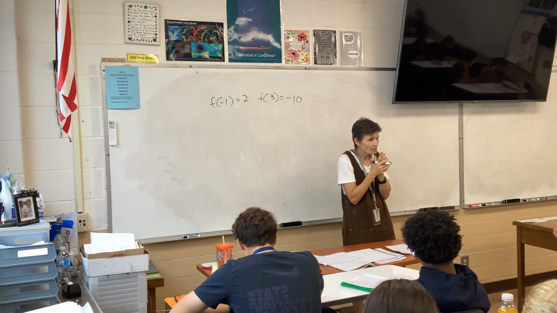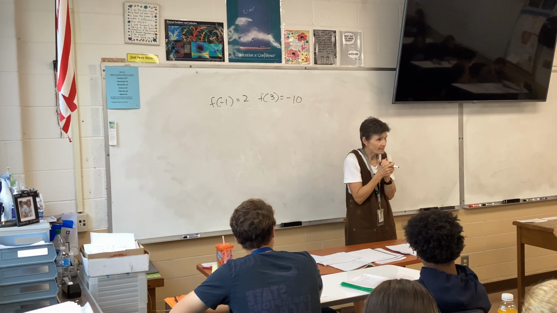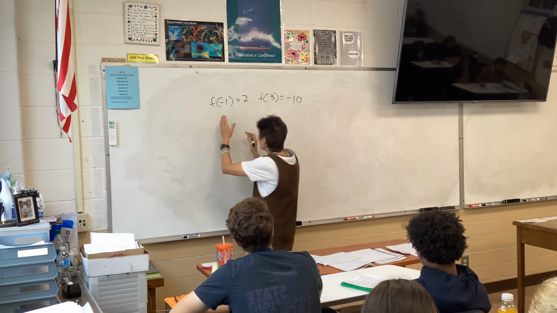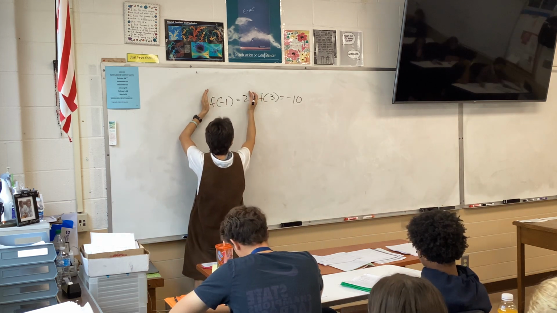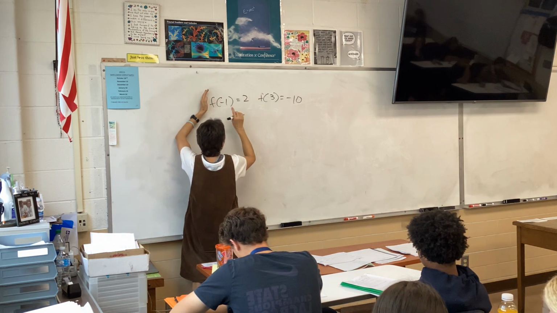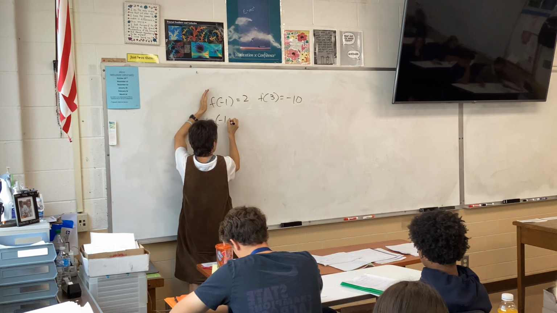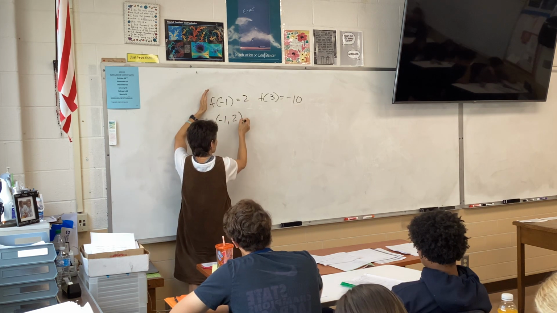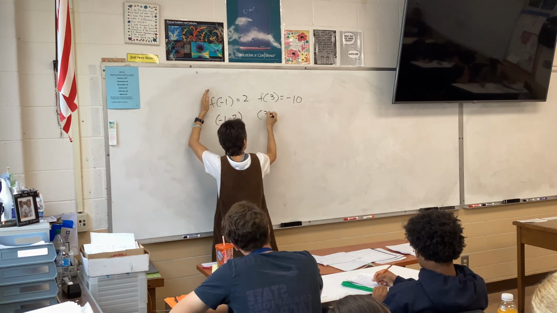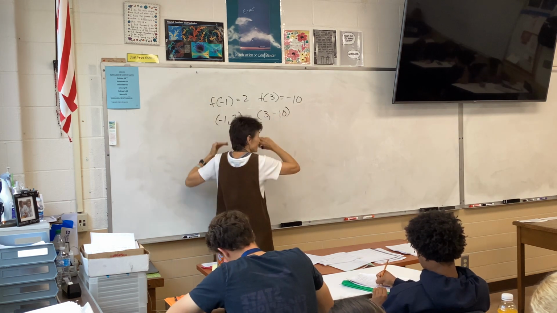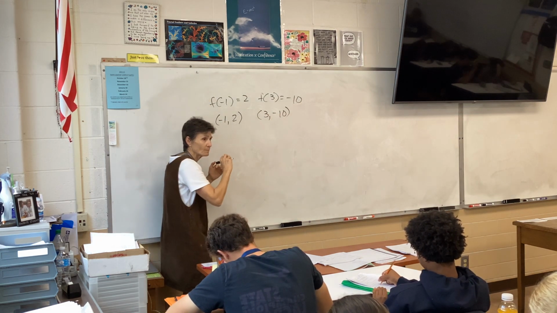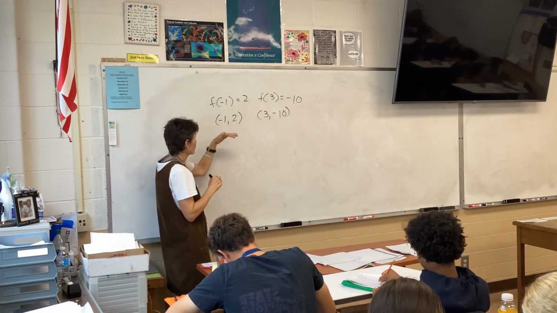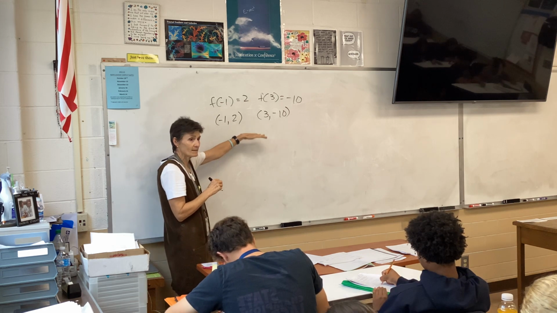Writing the equation of a line. What is this really saying to me? If x is -1, y is 2, and if x is 3, y is -10. So your job is to write the equation of the line containing those 2 points.